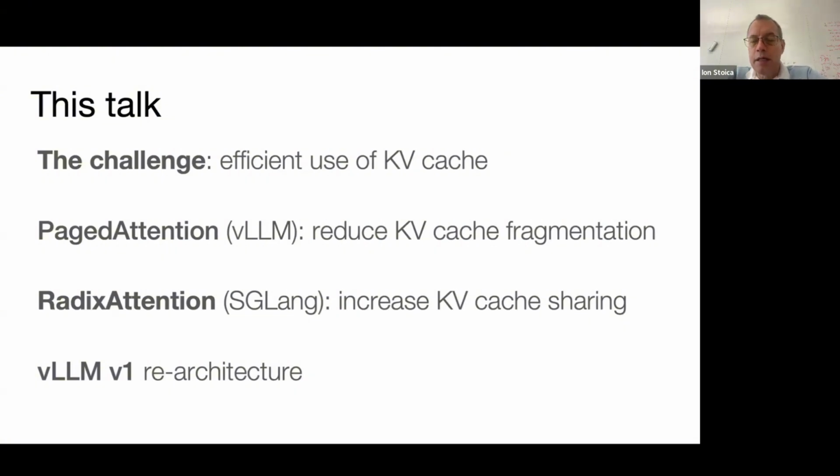And RadixAttention, which increases the KV cache sharing. So again, it's increasing the efficiency of using the KV cache. And then I'm going to talk about the vLLM v1 re-architecture, which is happening as we speak, because I thought it would be interesting to see, because it captures some of the lessons learned from the previous designs.